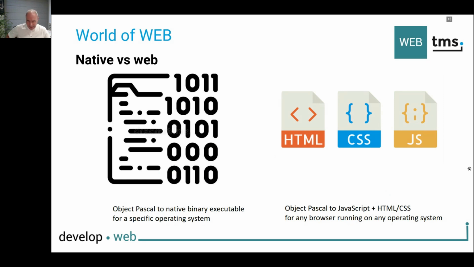If we talk about native applications, then what is happening is that the Object Pascal language is compiled, translated to a native binary executable that targets the operating system. In the web, on the other side, a web application runs in the browser, and the browser deals with HTML, with JavaScript, and with CSS to make an application running in the browser.